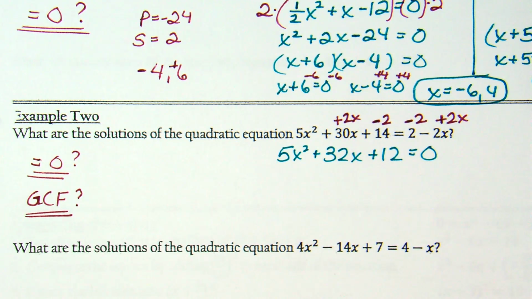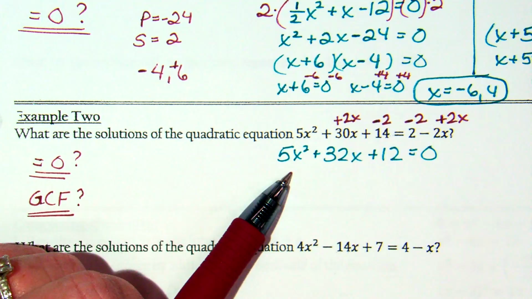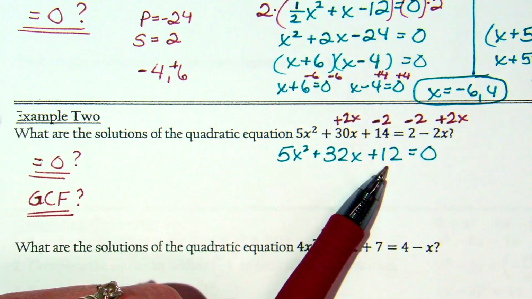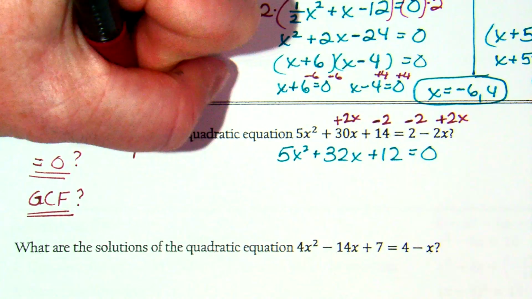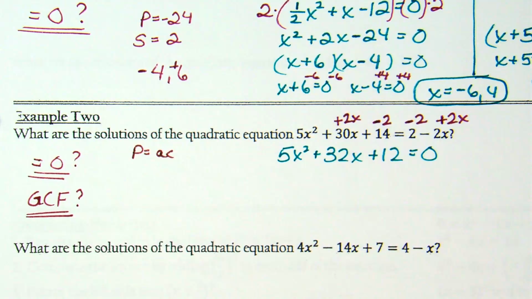It's going to be multiply to be 60. Okay, guys. We have an A term here, which, sorry, Keaton, is why your product of 12 got vetoed. That product of 12, sum of 32 would have worked great if this was just x squared.